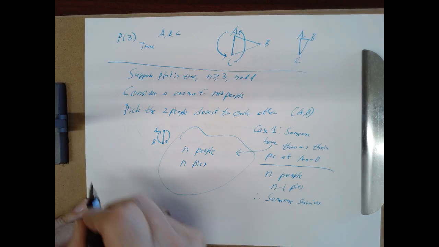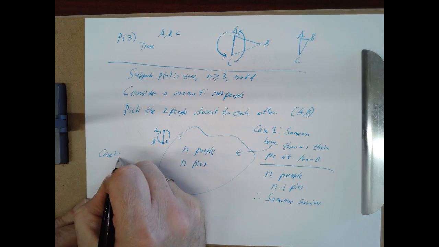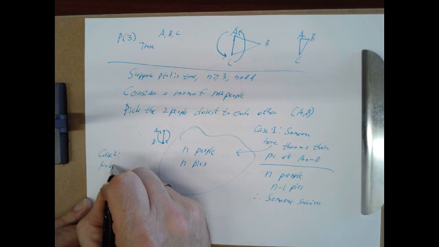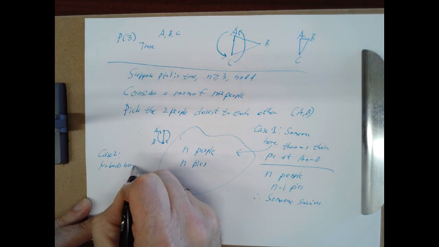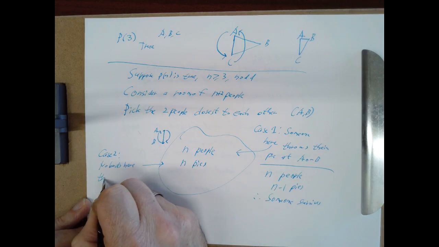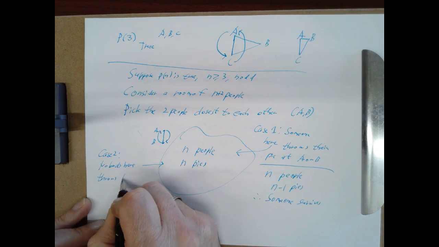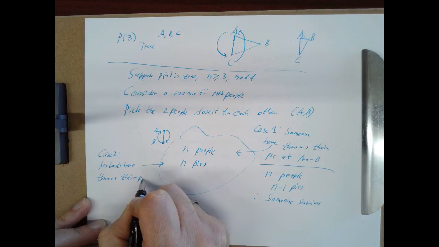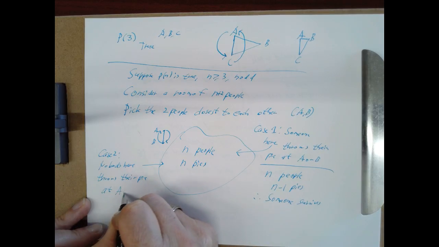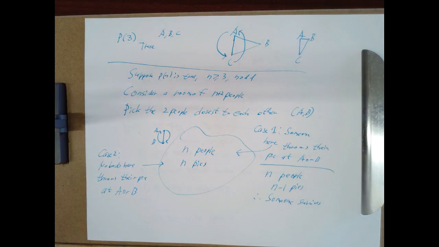All right, case two, nobody here throws their pie at A or B. So you have n people, you have n pies, and they're all throwing their pies at each other, and they all have unique distances.